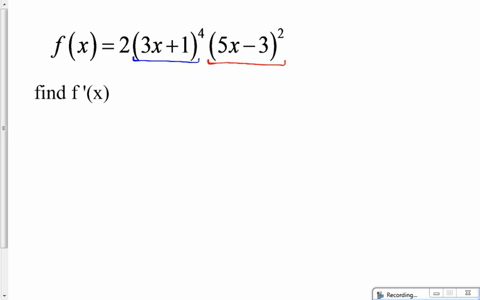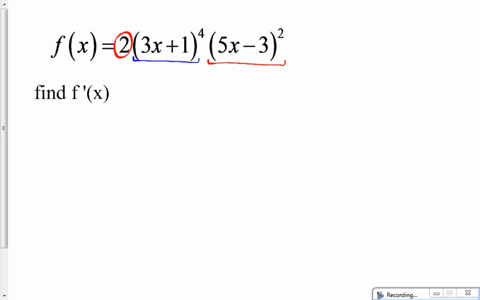And then the 2, I love coefficients, guys, and I hope you start to love coefficients too, because as long as you remember to do so, you can just tag them on the end of the derivative. Because the derivative of twice a function is twice the derivative.